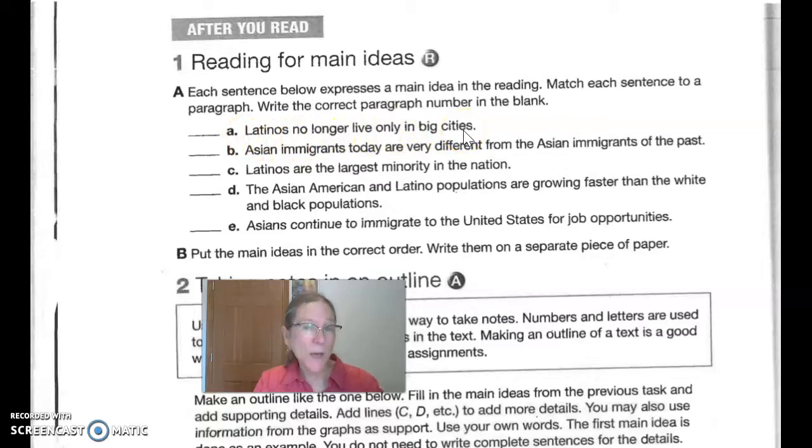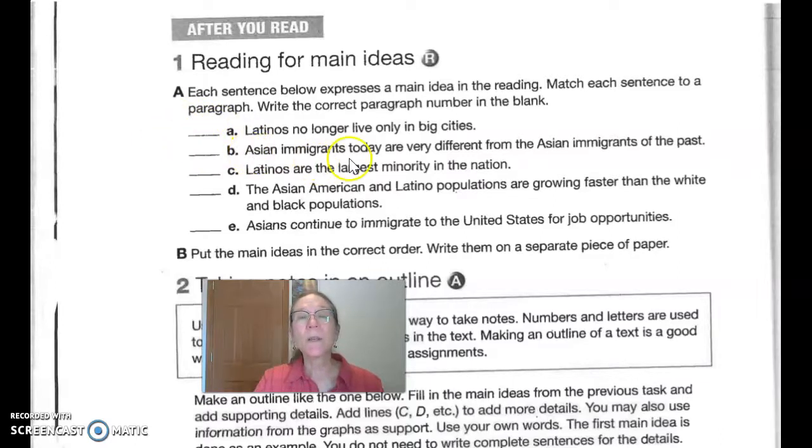Do you remember when we highlighted and marked the article? Which paragraph had the information about Latinos living in smaller cities and having 100,000 or more people in 28 different cities? That was paragraph 3, right? So for A, you're going to write 3 right here.